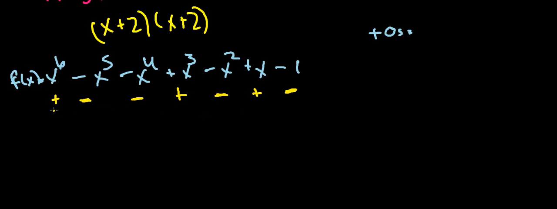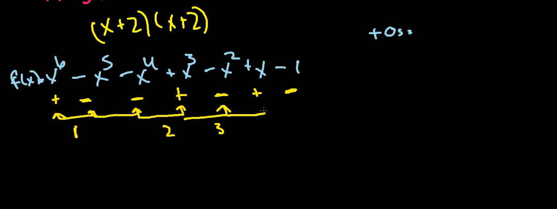So let's look for variations in sign. We start out as a positive, and then we change to a minus. So this is one variation. Then we go from a minus to a minus, so it's the same, so there's no variation in sign. Then this goes from minus to positive, so here's a second variation in sign. Then we go from a positive to a minus. So this is a third variation. A minus to a positive, a fourth variation, and then a positive to a minus, a fifth variation.